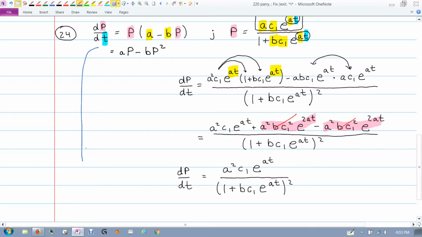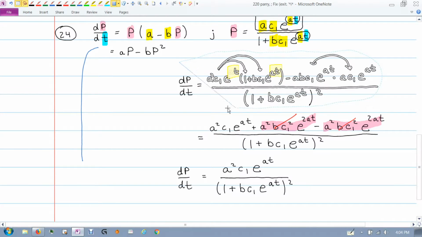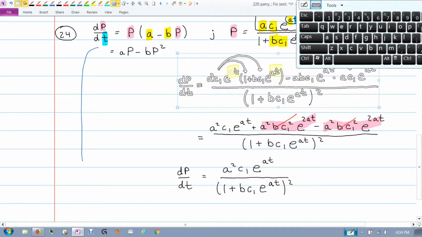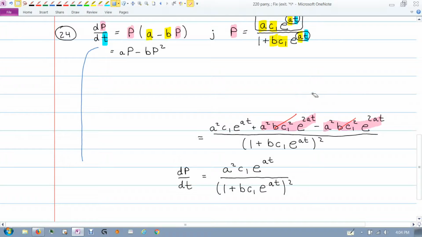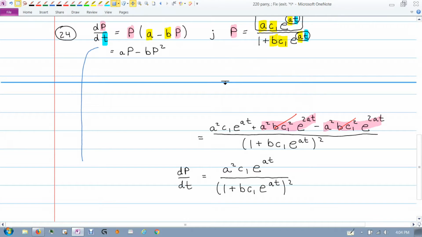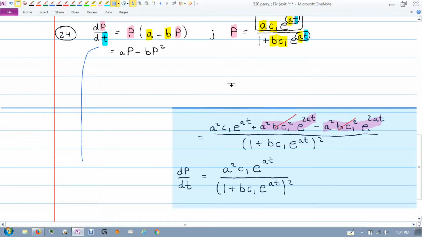I'm going to need some more room. Just to make life a little easier for us, I'm going to take all this out. And then I'm going to bring this up a little bit.